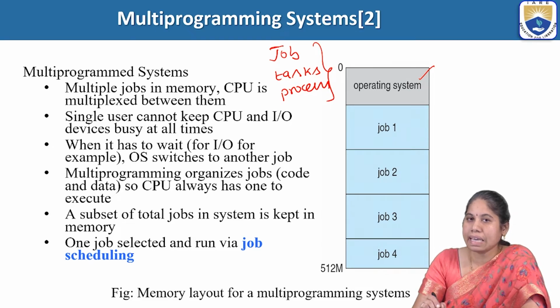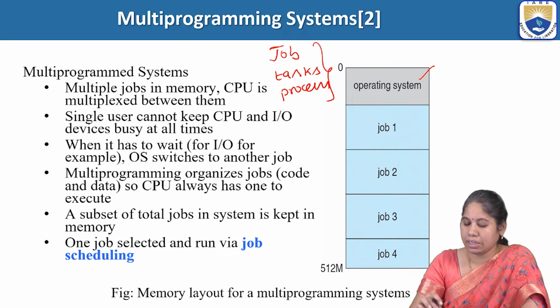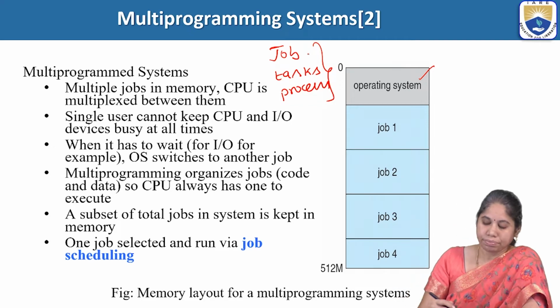A job is nothing but a task. A task or process is a piece of a program in execution. All these terms have a similar meaning, and we will use them synonymously in our lectures.